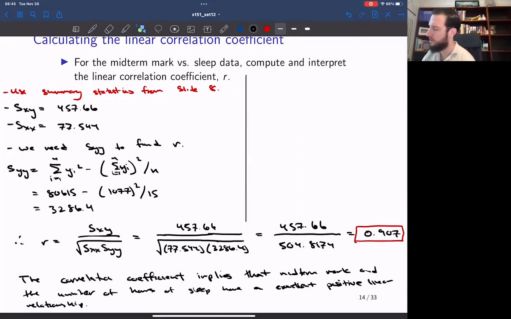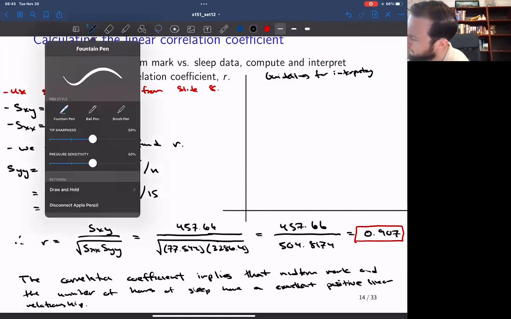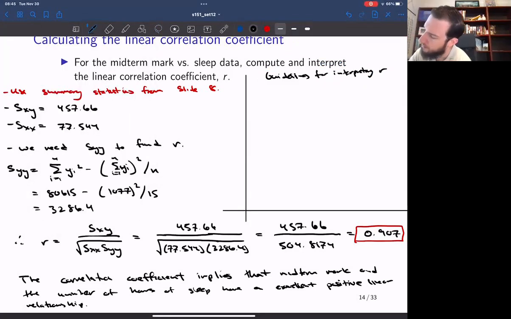The language is somewhat subjective, but we can have guidelines for interpreting R. Okay, so in this case, plus or minus 1 is a perfect fit.